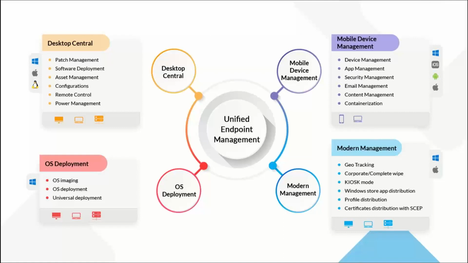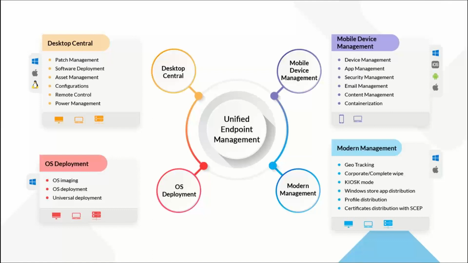And these are the features that you can leverage when you're using Desktop Central as a unified endpoint management solution. We have patch management that takes care of operating system and third-party application patching. We have application management, asset management, and configurations. In fact, if you're following our training schedule, we will be talking about this in our next sequence.